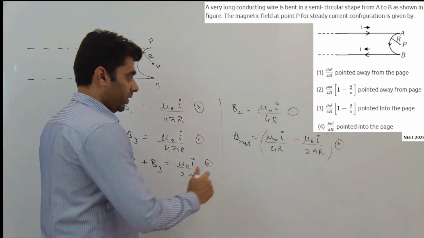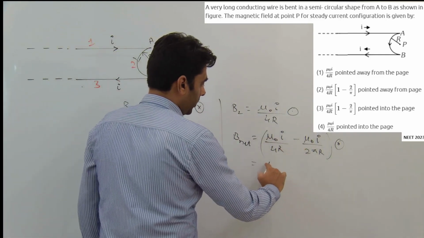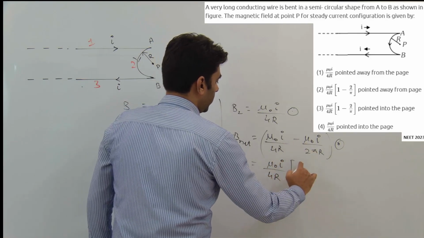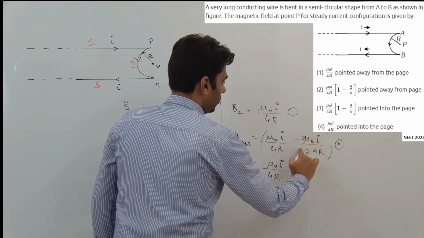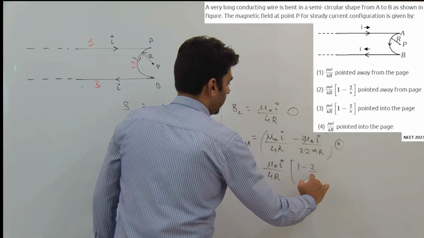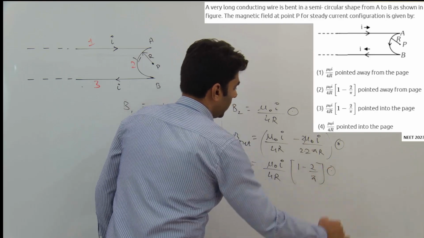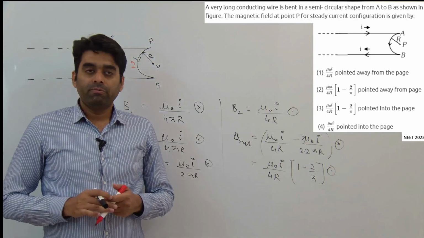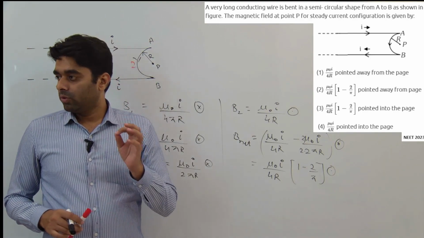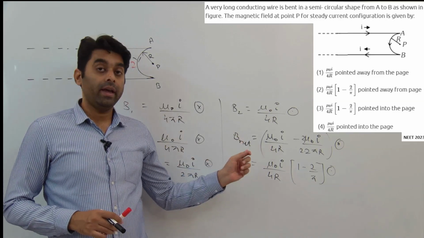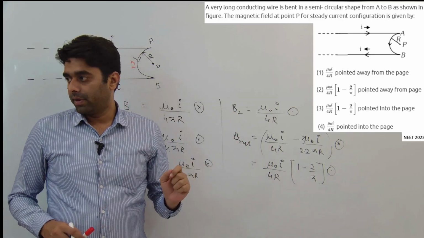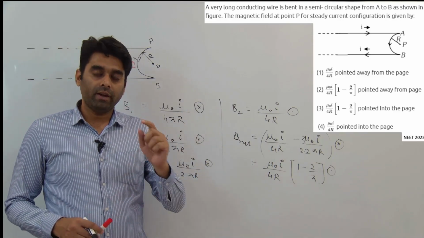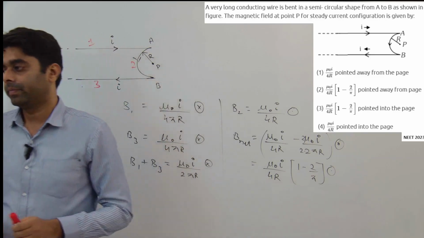If we take mu naught I by 4r common, this will be 1 minus 2 by pi in outward direction, right? Now take a look at the options. Option number B is our correct answer, that is mu naught I by 4r, 1 minus 2 by pi, pointed out of the plane of paper. Fine. That means the second option is our correct answer. Let us move ahead.